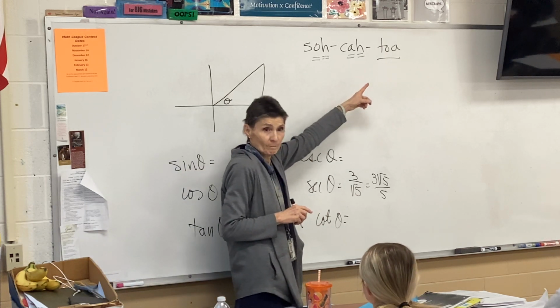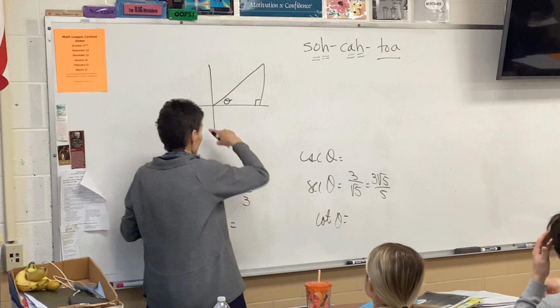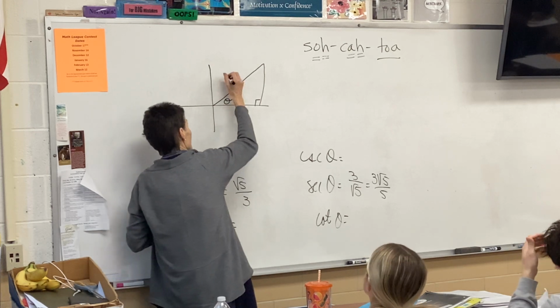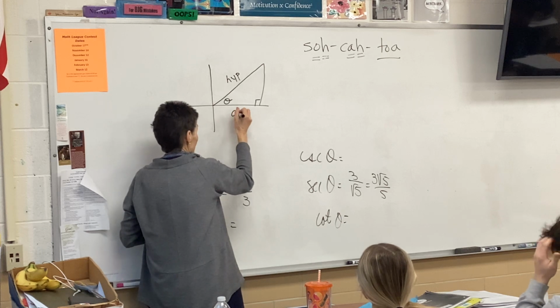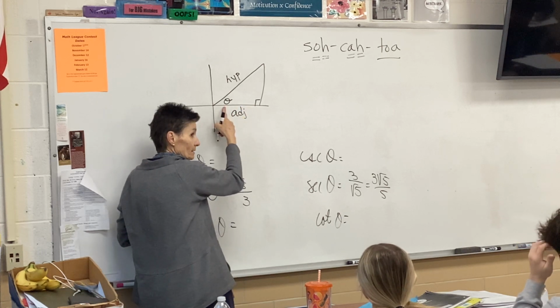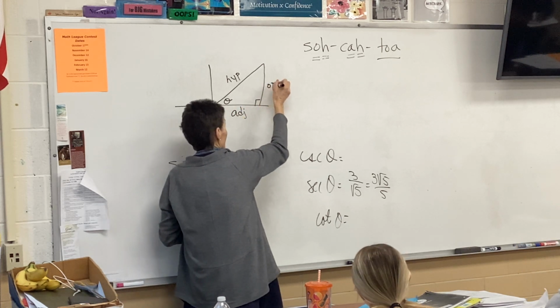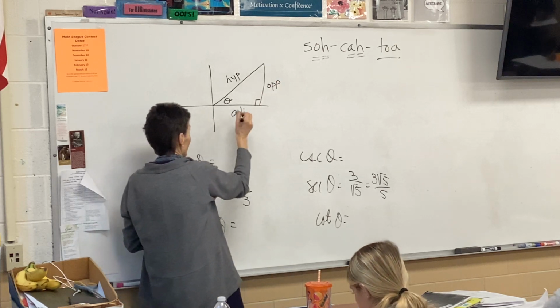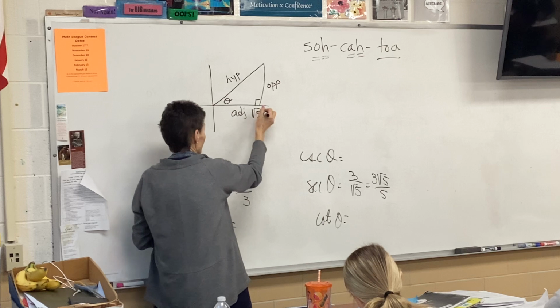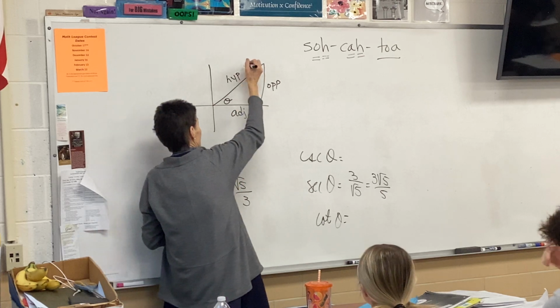Adjacent over the hypotenuse. So in this picture, this is hypotenuse, this is adjacent, remember there's theta, and this is opposite. So can't I mark this side root 5 and this side 3?